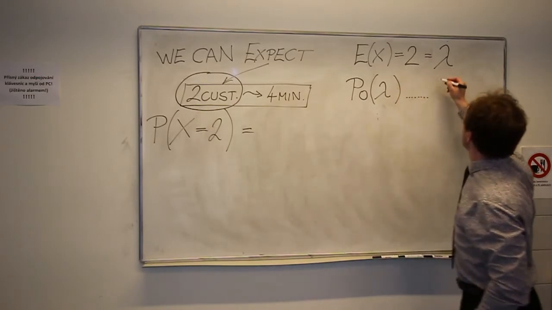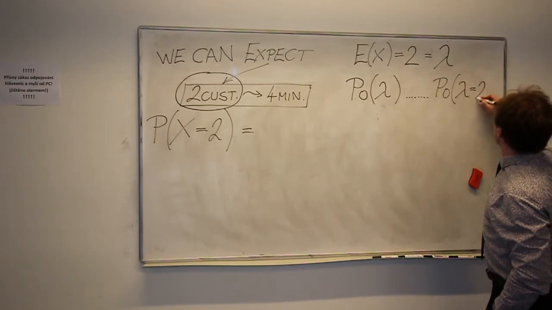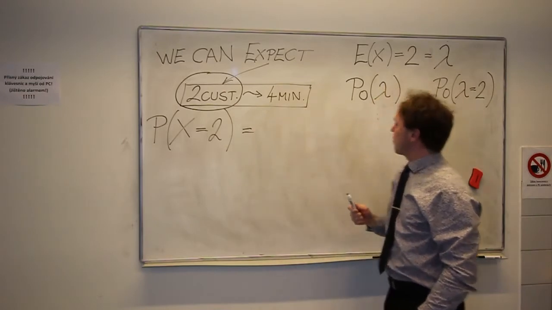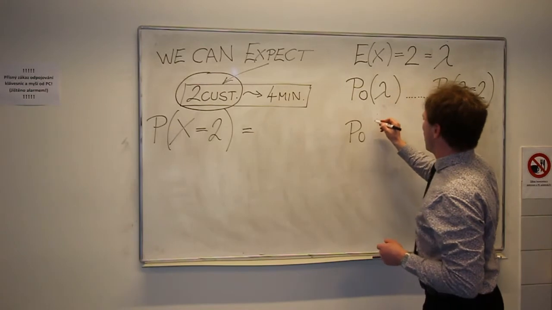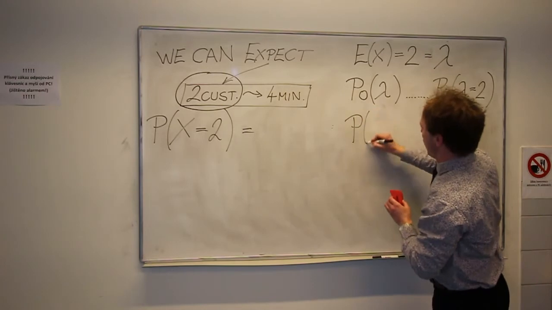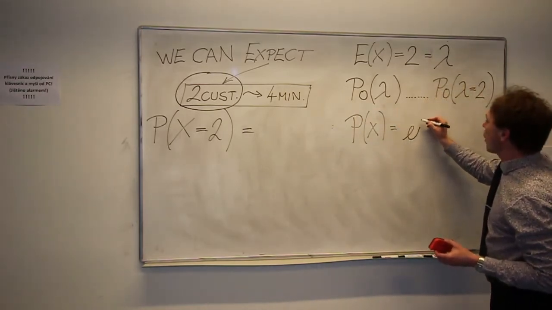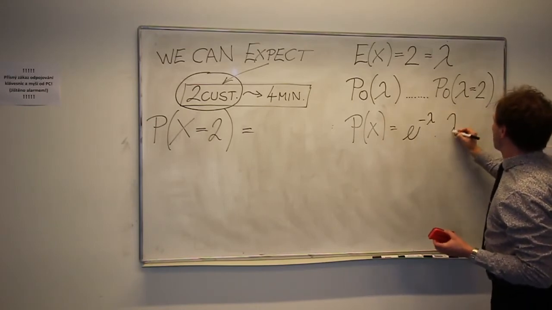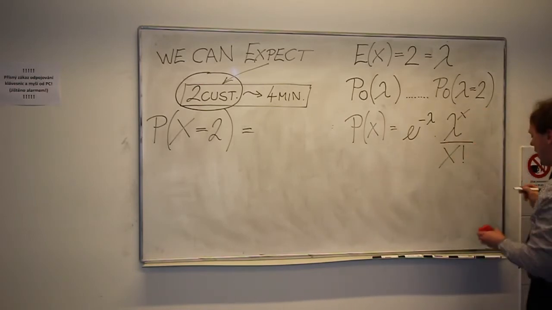So we will use this Poisson distribution with lambda equal to 2 customers, the expected number of customers within 4 minutes, using the probability function with Euler constant, Euler powered by minus lambda times lambda powered by x divided by x factorial.